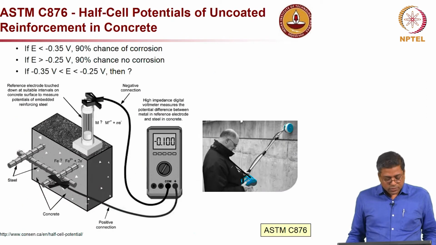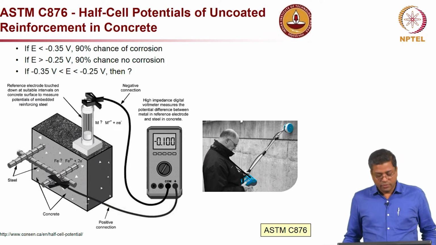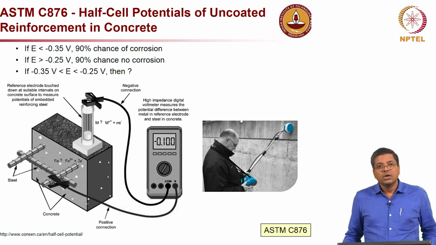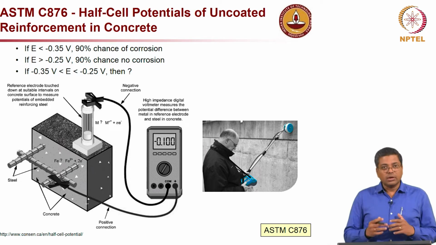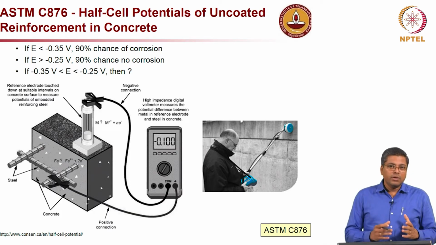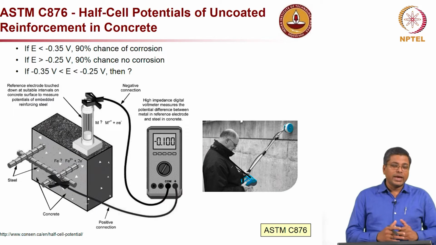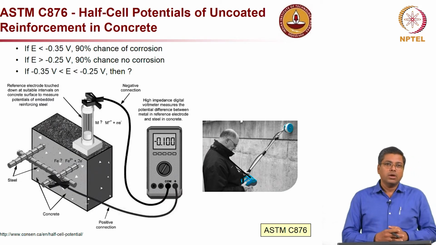Corroded bars. Now, the ASTM C876 test is something which is widely used for assessing the probability of corrosion in reinforced concrete systems, and the method relies on the principle that if there is a more negative potential, that indicates a higher probability of corrosion.